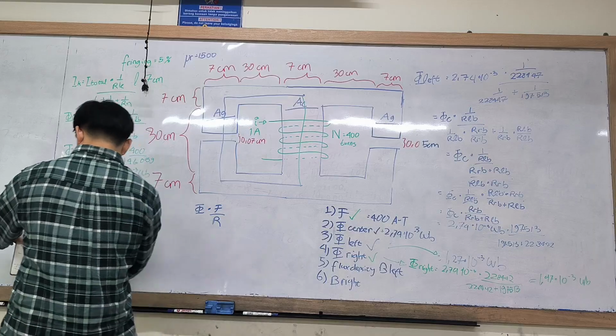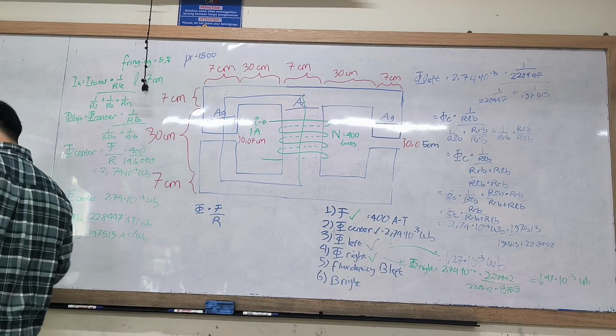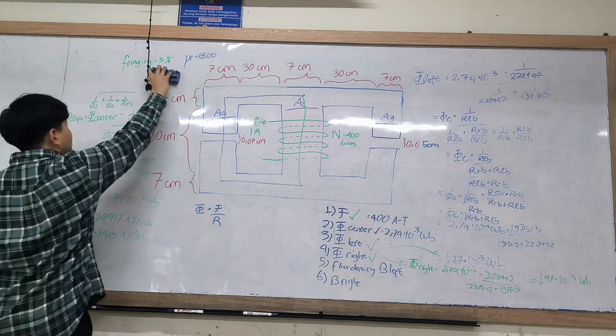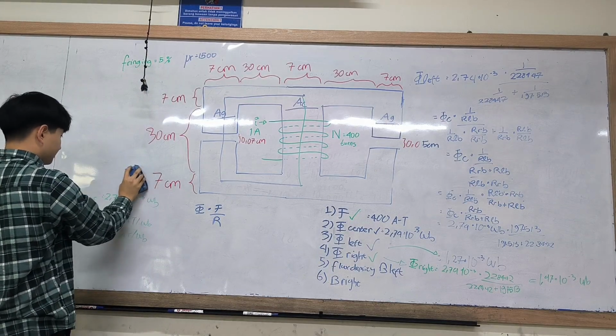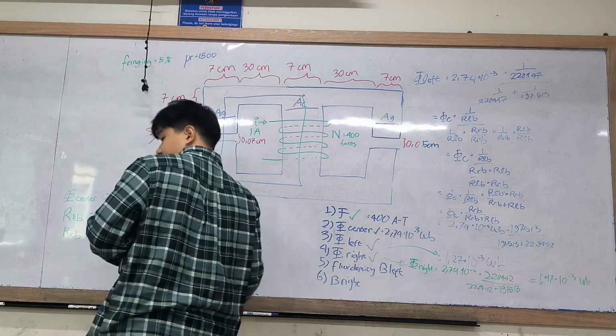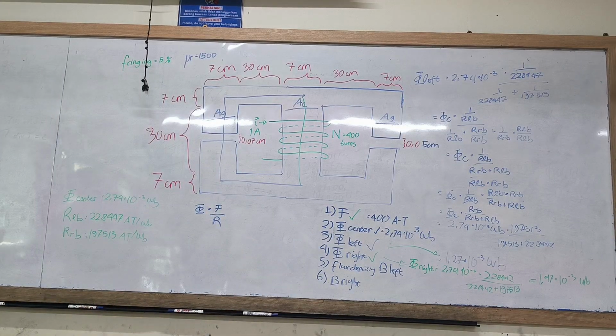I will have to do one last erasing. The formula to find flux density is actually very simple. It's not complicated at all.